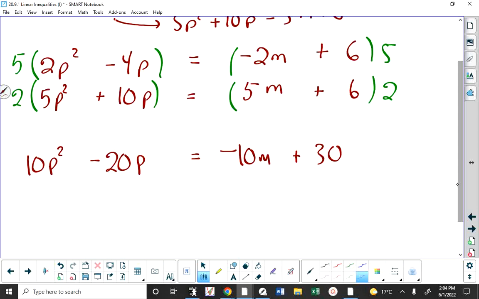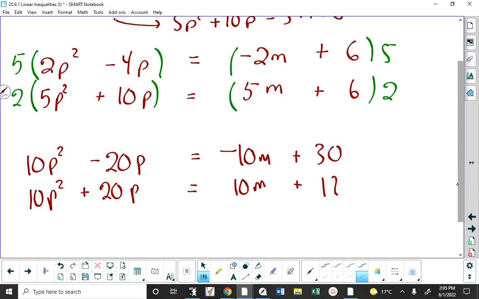My bottom equation becomes 10p squared plus, I see what the problem is going to be here. It's not a drag, it actually makes it easy. I'll tell you what's going on in a second. I get 10p squared minus 20p equals negative 10m plus 30. I get 10p squared plus 20p equals 10m plus 12.